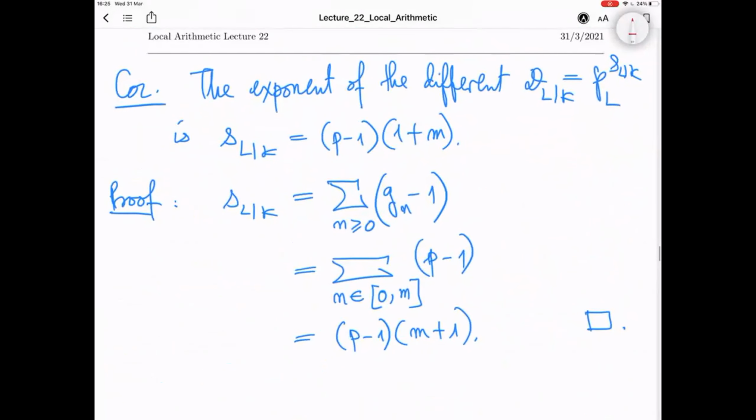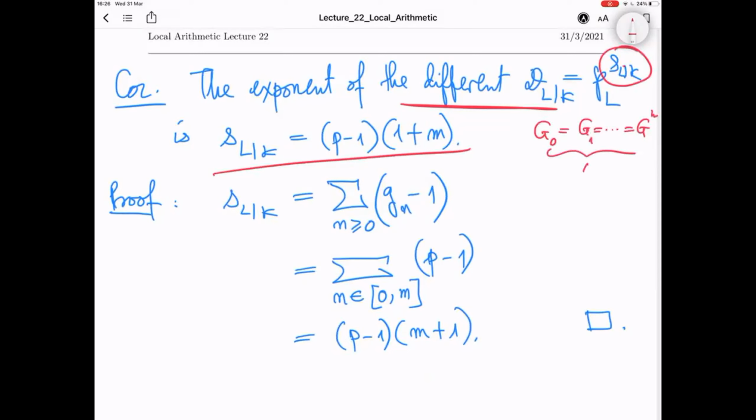Okay. So here's the corollary. I have the exponent of the different of the extension L over K, and I had a formula for this in the Galois case. And here, what you have is G_0 equal to G_1 up to G_m.